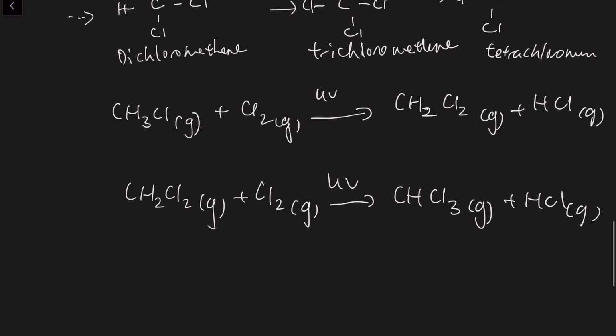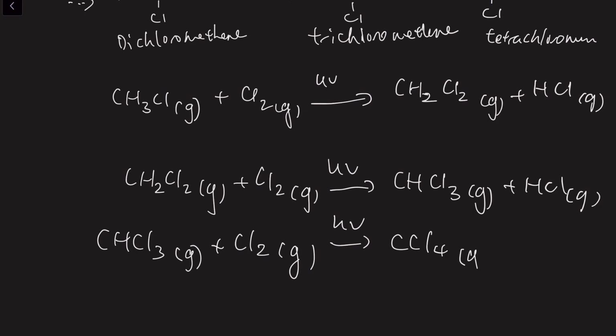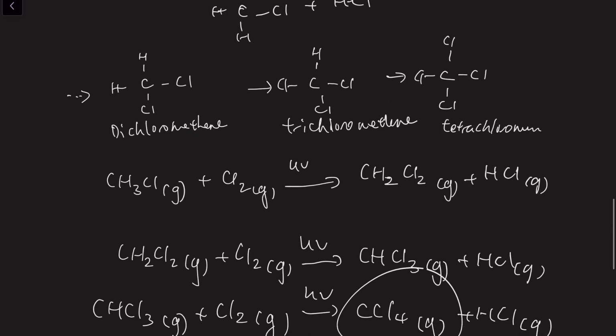Then starting from trichloromethane, you combine again with chlorine gas. With UV light, you get tetrachloromethane. So this is really the end of the reaction you can do. You cannot go any further.